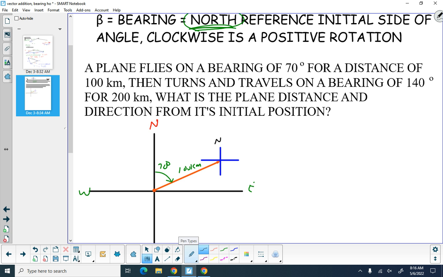This is your north, 0 degrees. We're going to go on a bearing of 140 degrees, which means I'm going to rotate clockwise 140 degrees. So I have 90 degrees here, 180 degrees here, so I'm somewhere between 90 and 180 degrees.